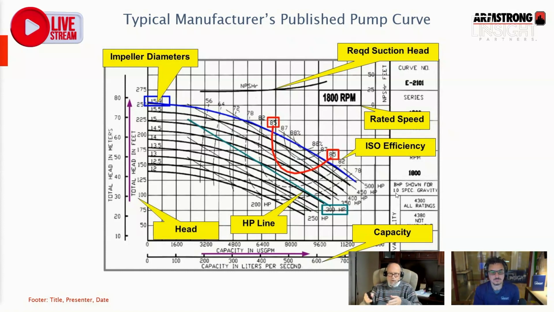When we move into an actual selection, you tell us what fluid type you're running, whether it's ethylene glycol, propylene glycol, calcium chloride, some other form of brine. You also have to tell us the operating temperature. If you don't, we're going to assume 65 degrees.